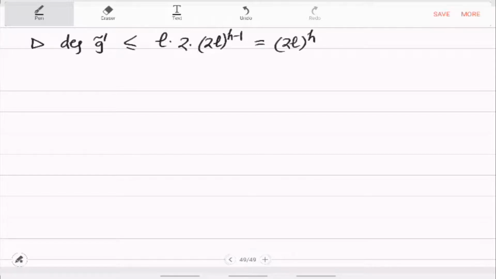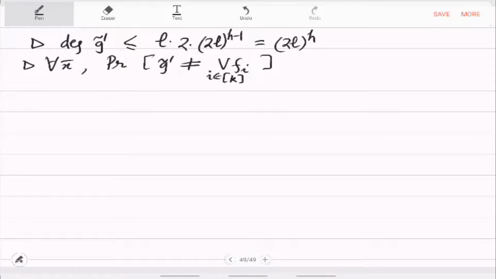How well is the approximator approximating? So for all x, what is the probability that G tilde prime is not equal to OR? G tilde prime is defined by these randomly chosen L subsets, so that's what the probability is over.